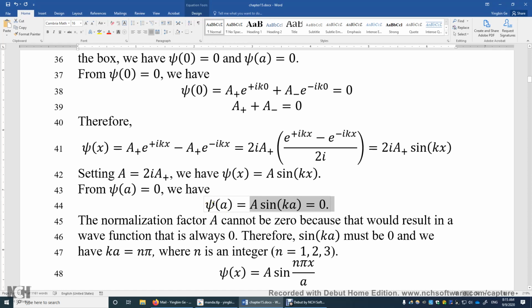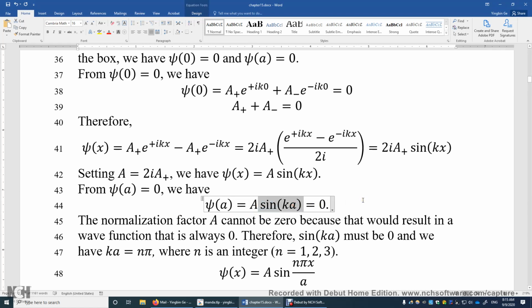The integral from 0 to a of this psi squared should be 100% because we have 100% probability of finding the particle inside the box. So this normalization factor cannot be 0. Therefore, the sine ka has to be 0.